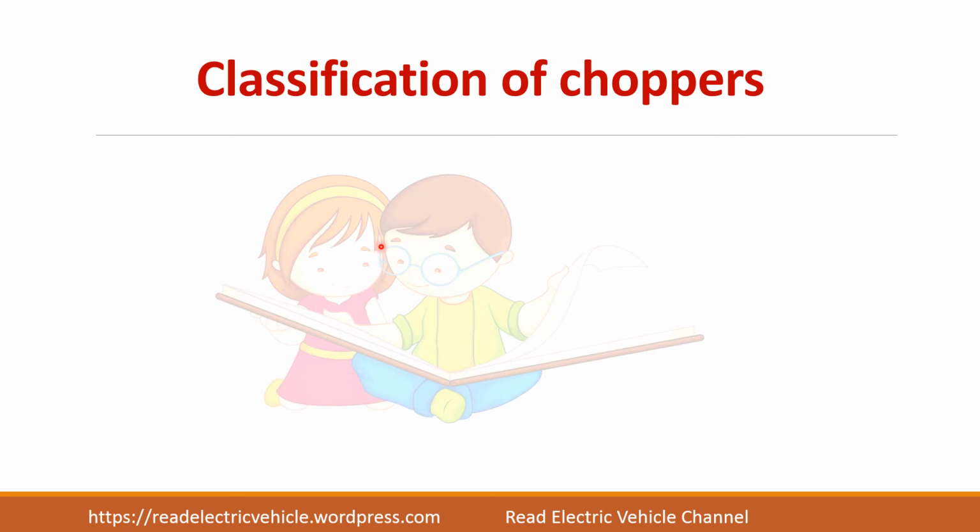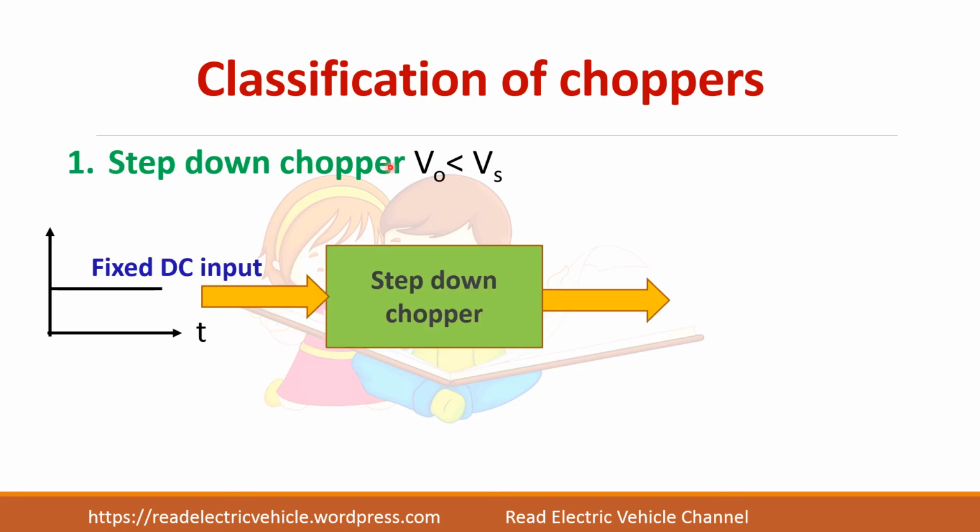Next we will see about the classification of choppers. There are two choppers. One is the step down chopper. Step down means output voltage is less than the input voltage. You give a fixed DC input.